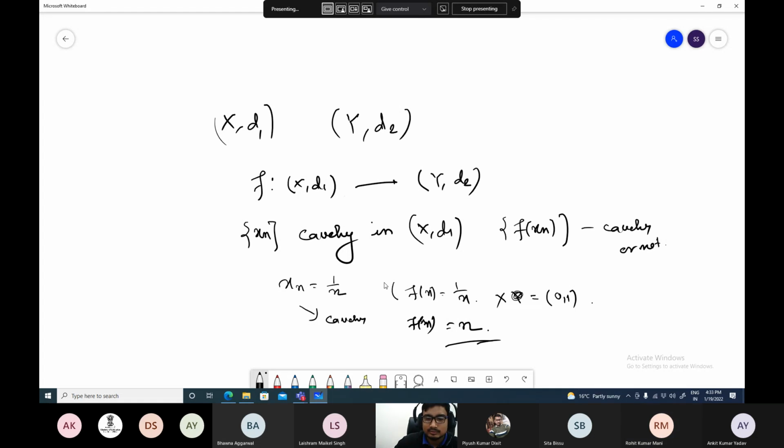Suppose the sequence is convergent, then is it implied that the other sequence is also convergent? Actually, whenever your sequence xn converges to x, I think in this case you need y to be a complete metric space. Let me think.